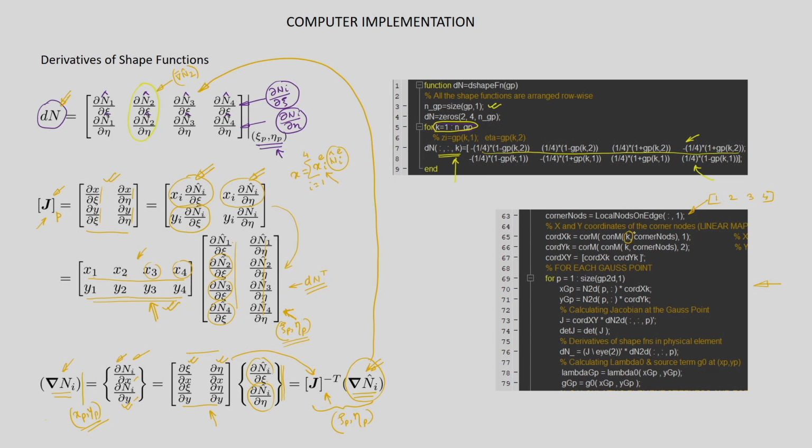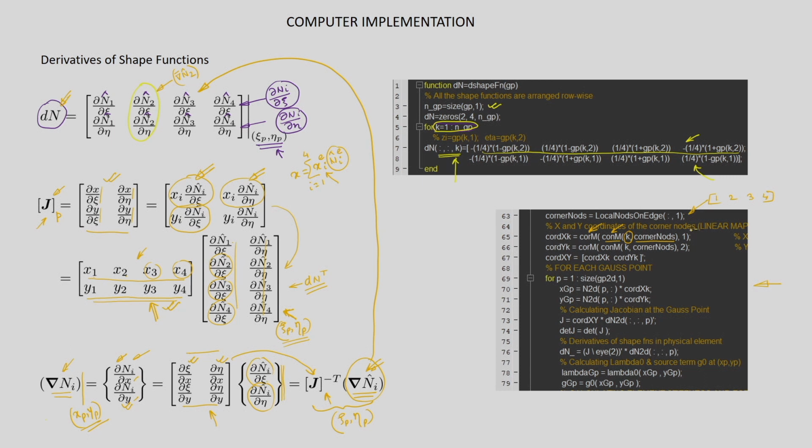The kth element we are going to, and we are finding the corresponding global nodes, the corner nodes, using the connectivity matrix. And once we know the connectivity, we are getting the corresponding coordinates by using the coordinate matrix.